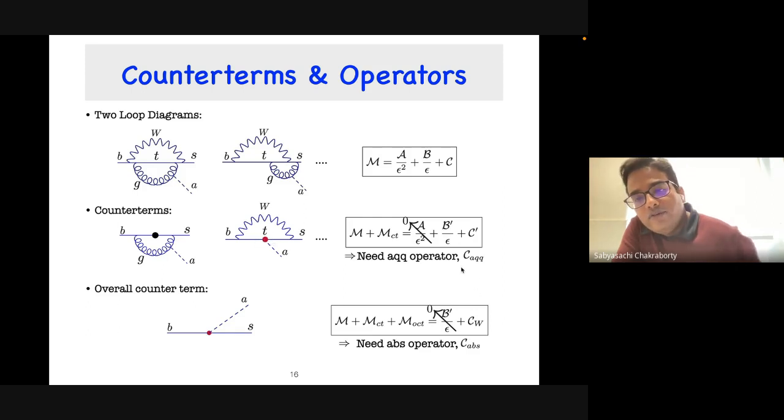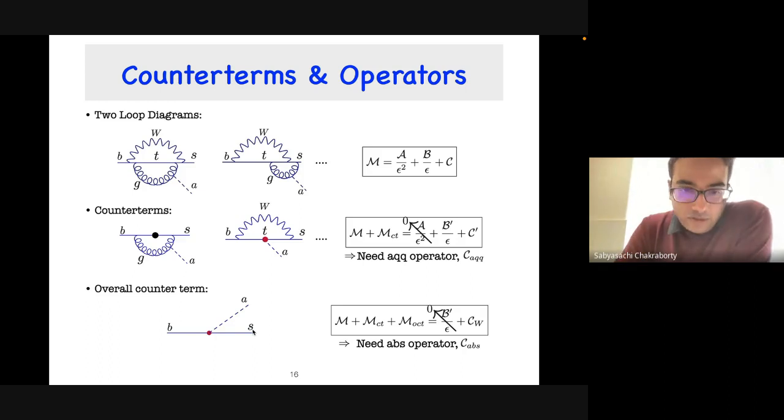When we added the counter term, we noticed that the 1 over epsilon square term completely goes away. But still, we are left with a 1 over epsilon term, and we need to get rid of this overall 1 over epsilon pole also using a counter term, which comes from the axion off-diagonal quark couplings.